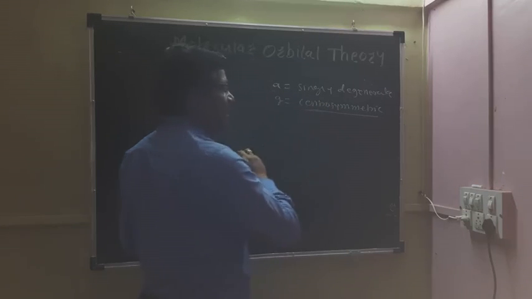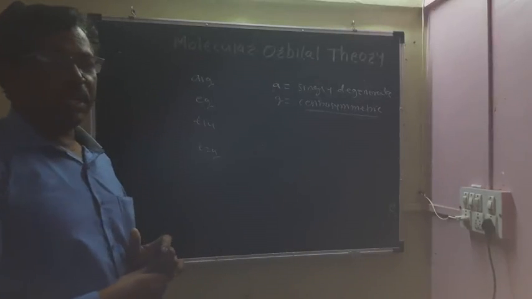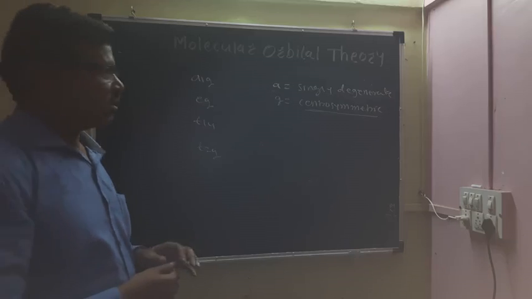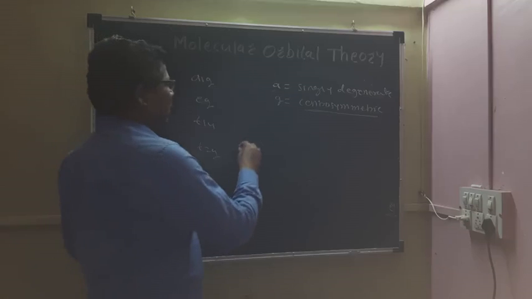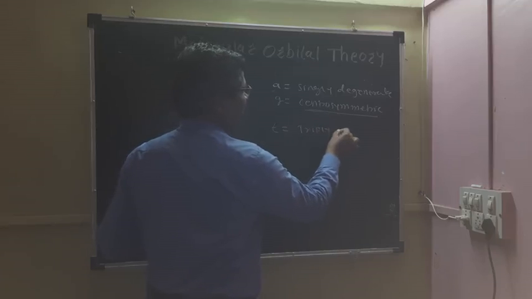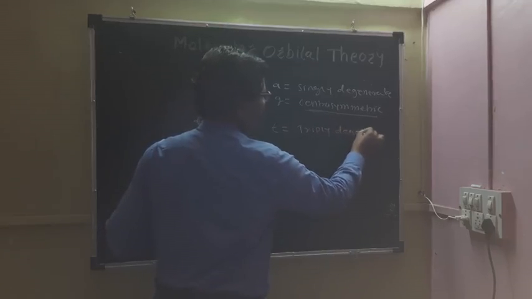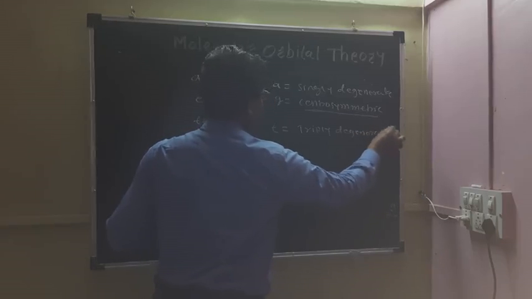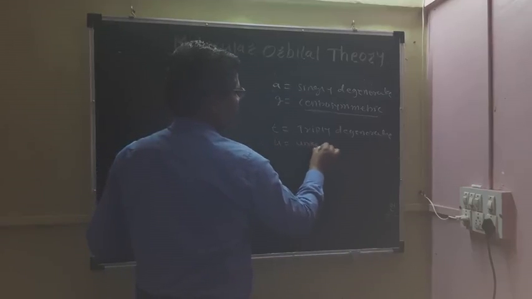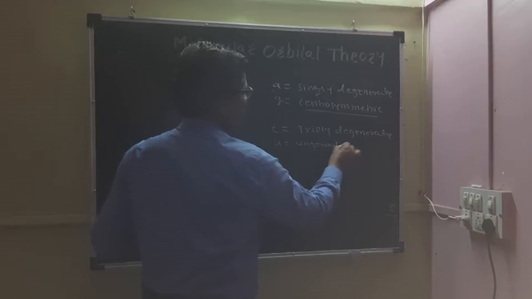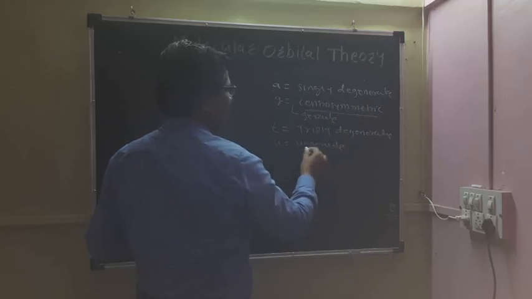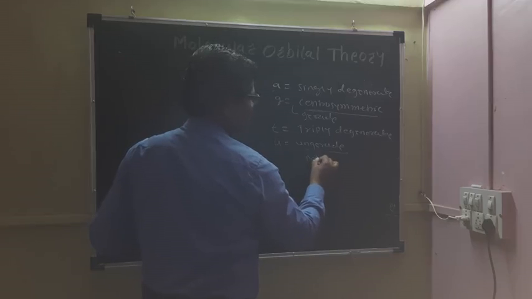If the molecule has no center of symmetry, it is known as non-centrosymmetric. T stands for triply degenerate, and u is ungerade. Gerade means centrosymmetric, and ungerade means non-centrosymmetric.